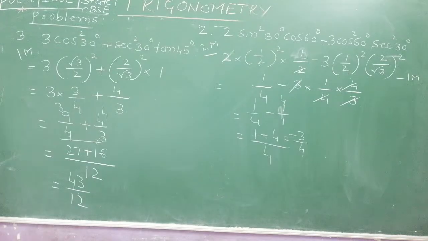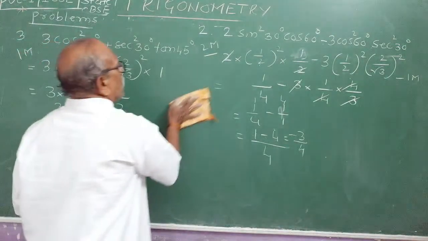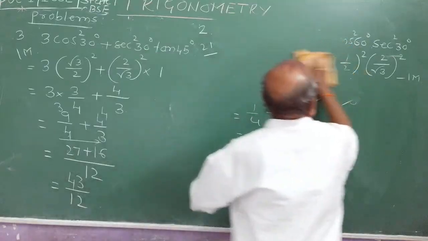Root 3 by 2 square. 2 by root 3 square. Okay. All of you heard this.